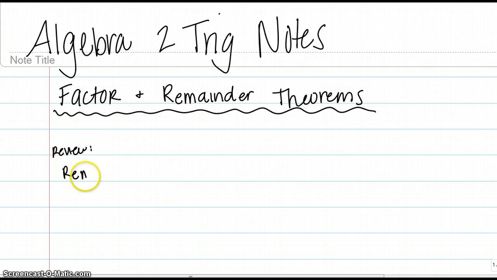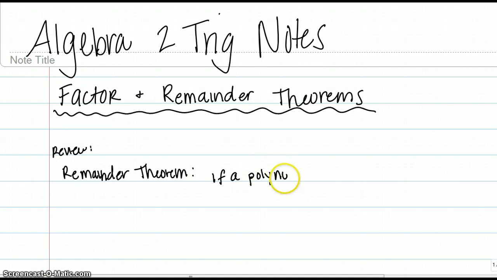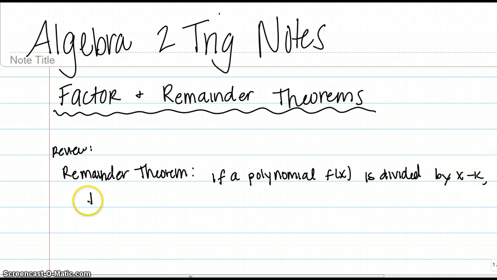The remainder theorem says that if a polynomial f of x is divided by x minus k for any k, then the remainder r equals f of k.